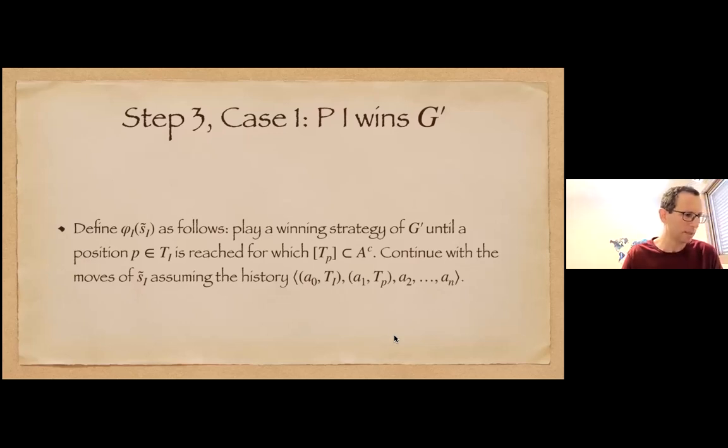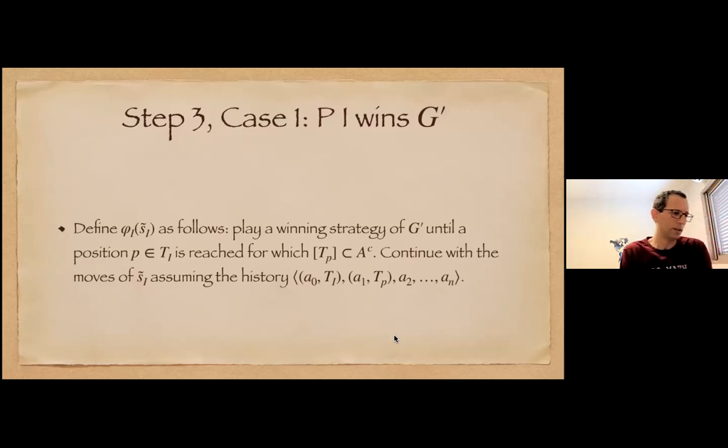So there is a certain position in T1 reached, from which all the extensions are not in A.